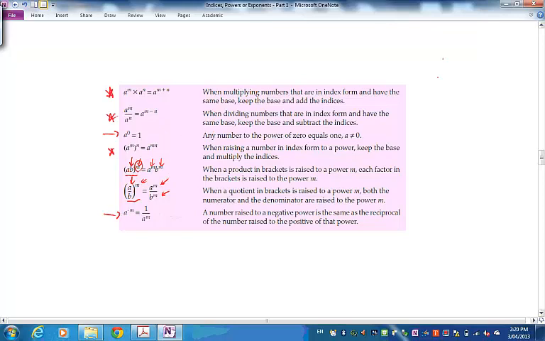And just quickly, you could write a little proof here, and I'll just do the first one. You could have m a's there, that would mean m terms, that would be the first one, times n terms, however many that is, n terms, so that would be a to the m by a to the n, and so that would equal how many terms?